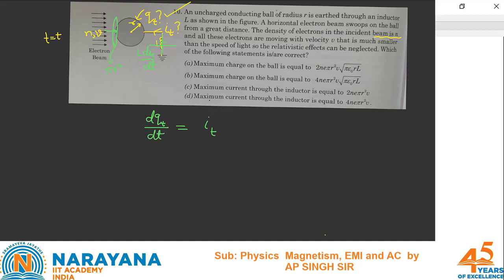So it is coming from this side minus it is leaving, which is the same as the electronic charge coming. So dQ by dt equals I minus n e pi r square v. This is our equation number 1 in the problem.